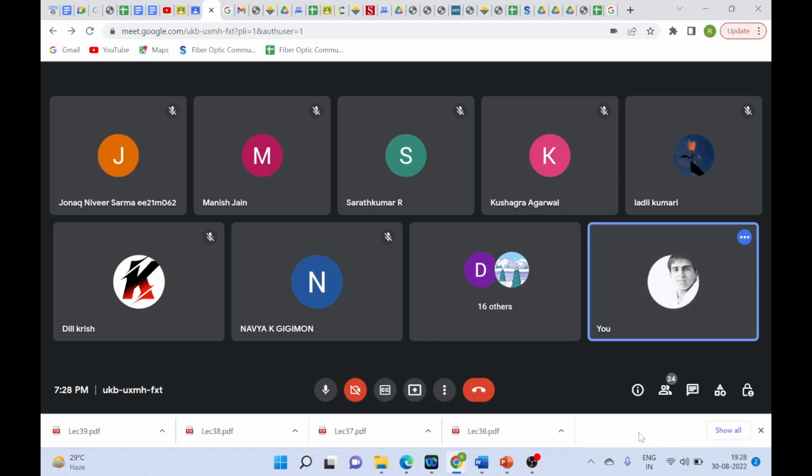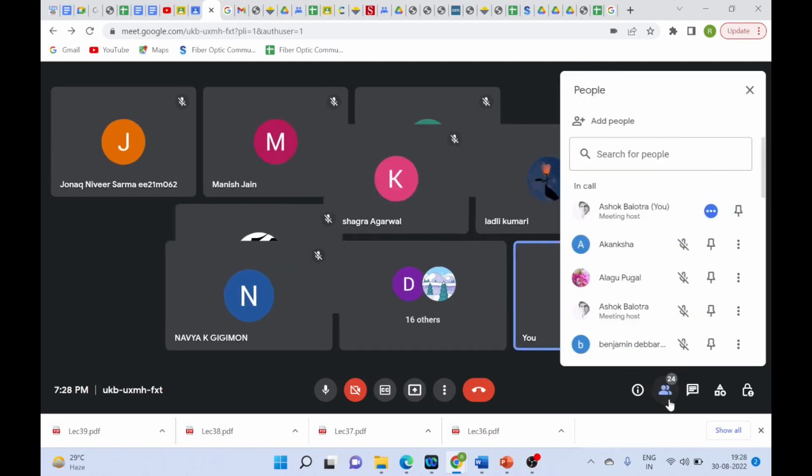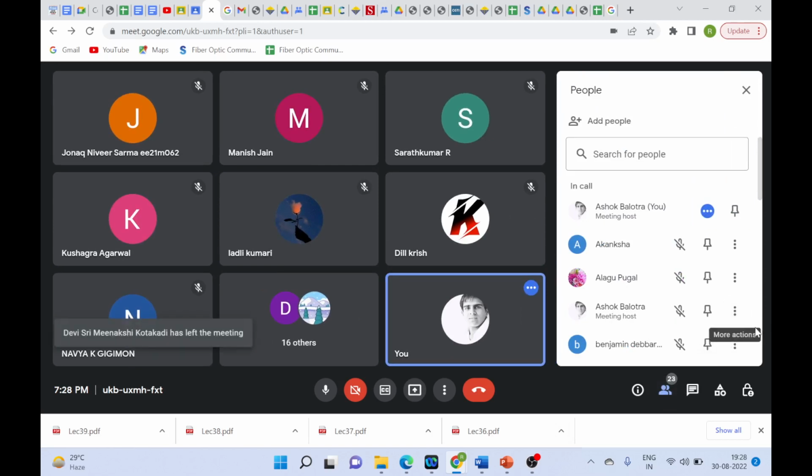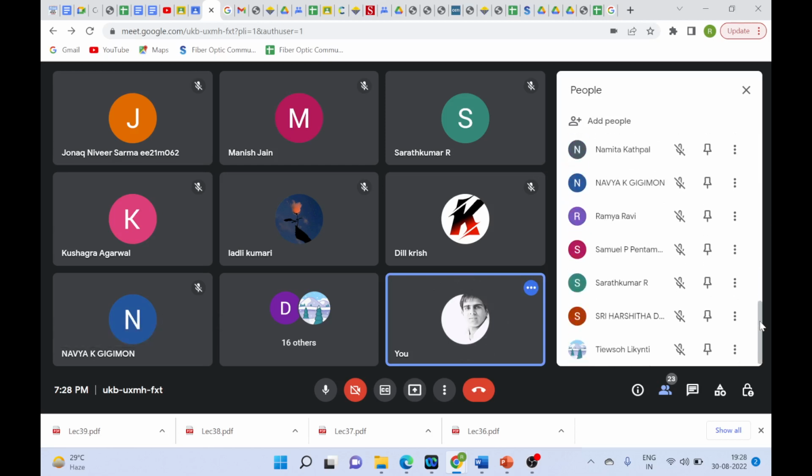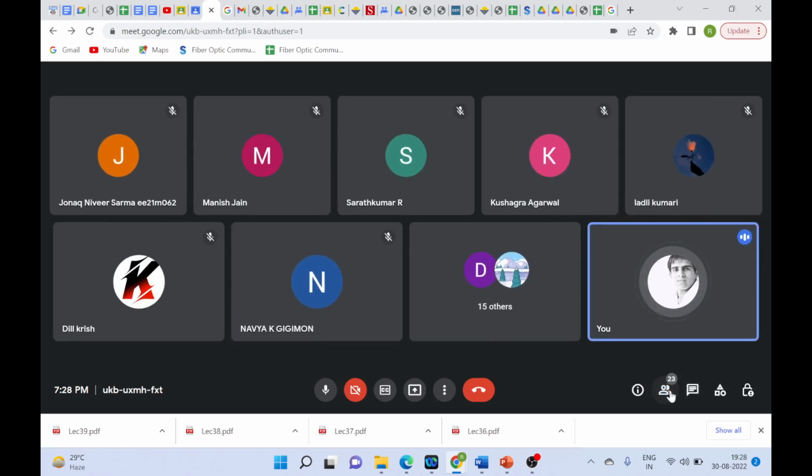Anything else? Namita, Navya, Dilkris, Ladli, Kusagra, please unmute and ask your doubt. Ramya, Ravi, Navya K, are you there or did you just join and leave? So, should I continue?